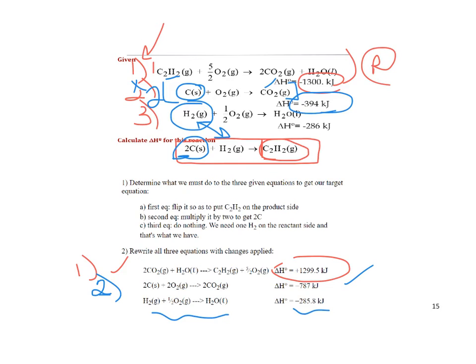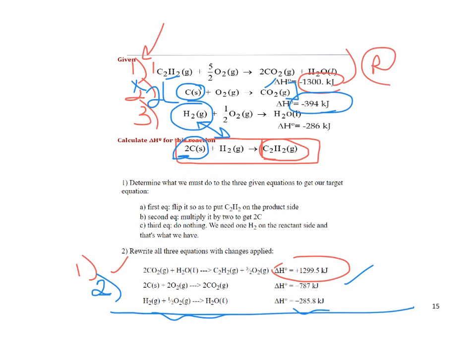Now to verify you've done everything right, and that the reactions add together to give you what you want, and also if you're asked to show your work, you literally want to add them together.